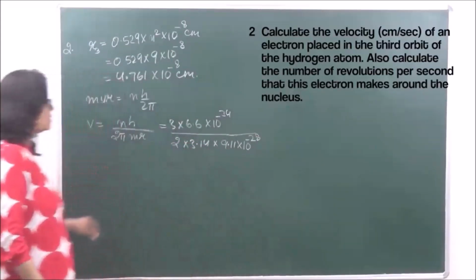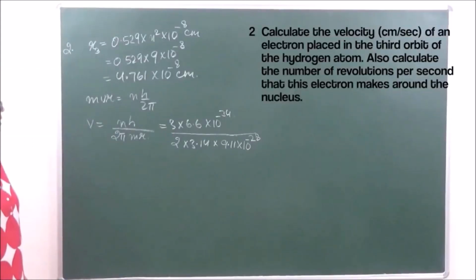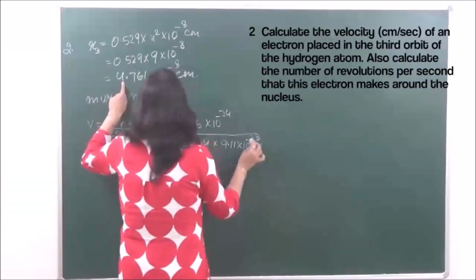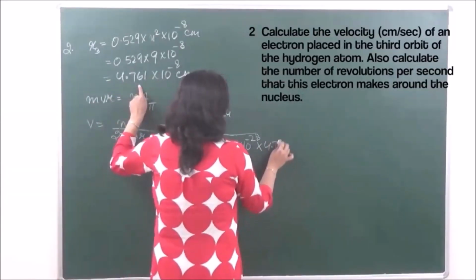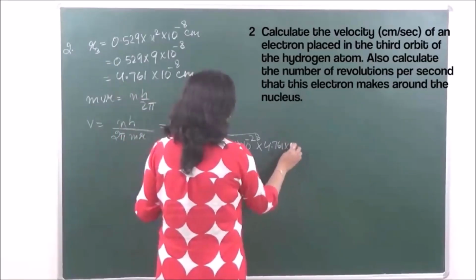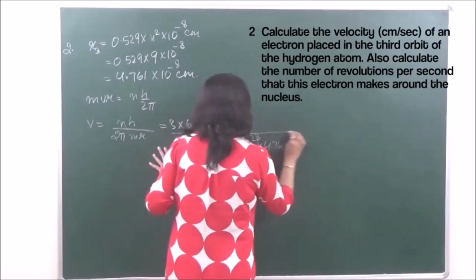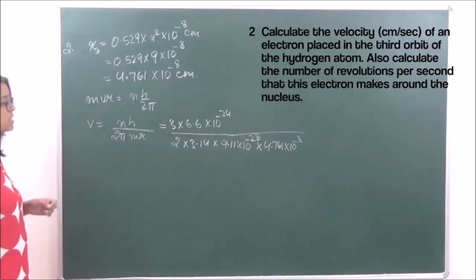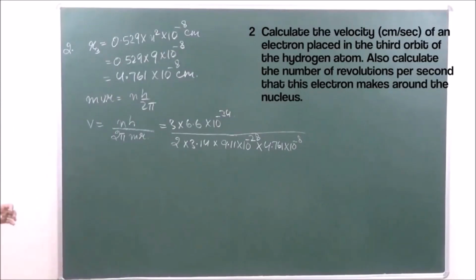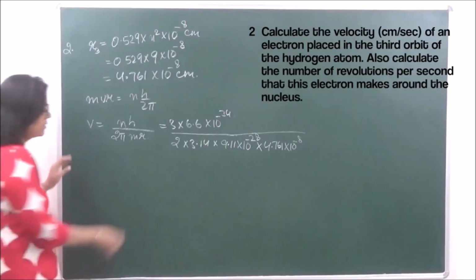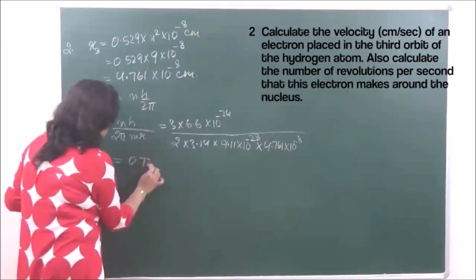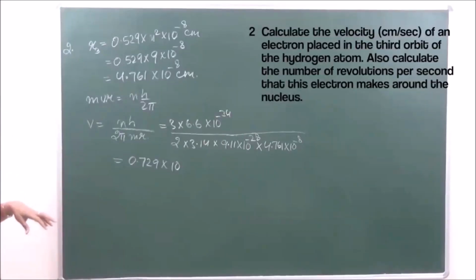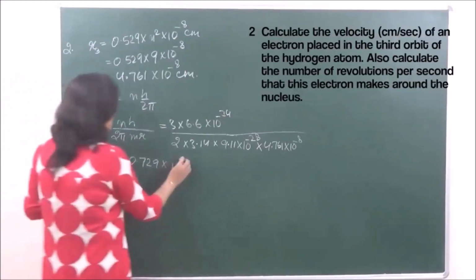Okay? And into radius, which we had found over here. So radius that is equal to 4.761 into 10 raised to power minus 8. Okay? So this when calculated, the velocity that is coming to 0.729 into 10 raised to power 8 centimeters per second.